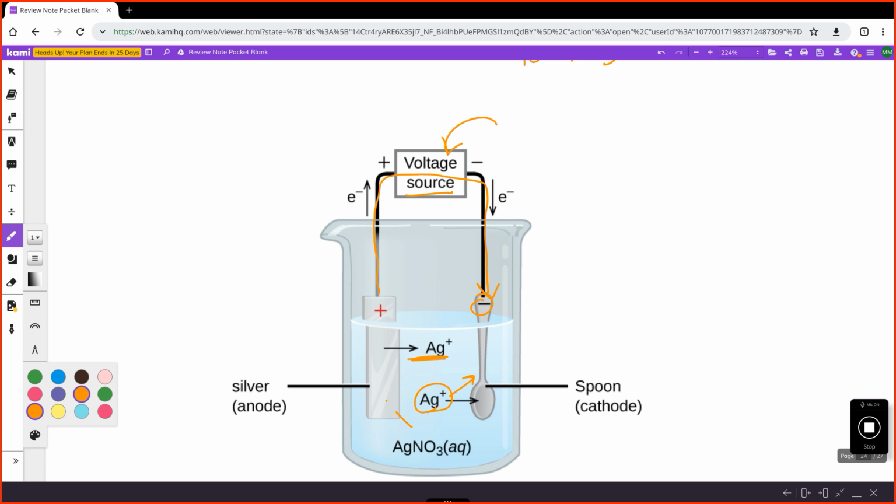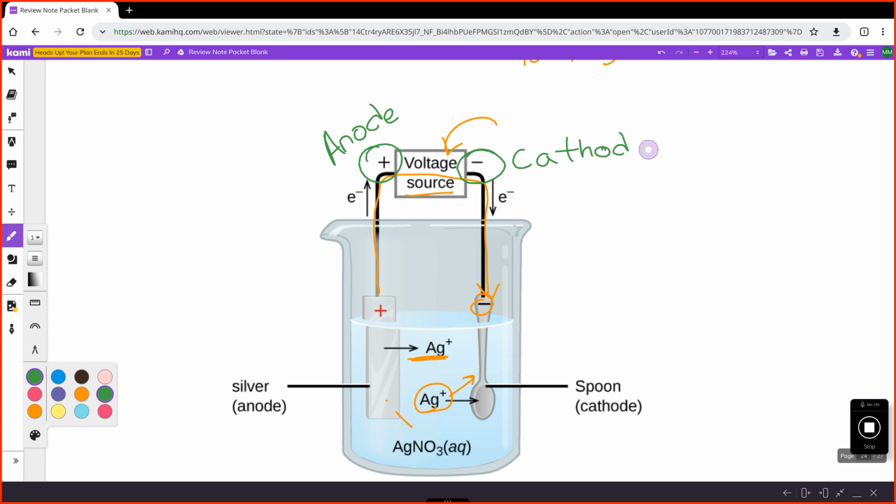The one thing, though, that you should take note in is how are you supposed to know what's the anode and the cathode? Right? Because we can't use the table to look at silver versus silver. They're the same thing. So pluses and minuses let us know that in an electrolytic cell, the positive end of the battery will be hooked up to the anode, meaning the negative end of the battery will be hooked up to the cathode.